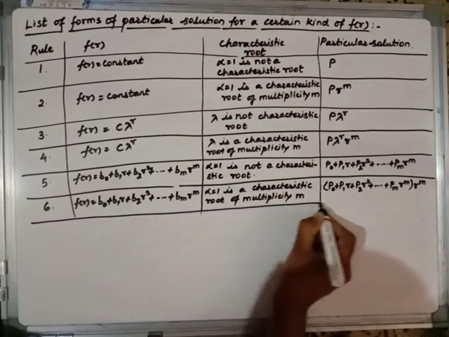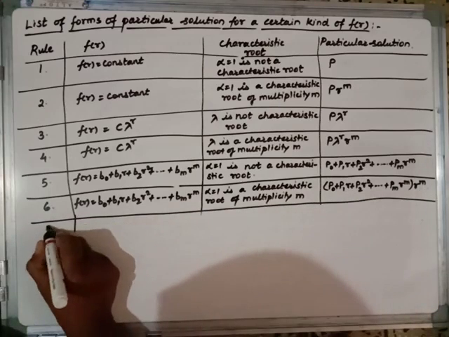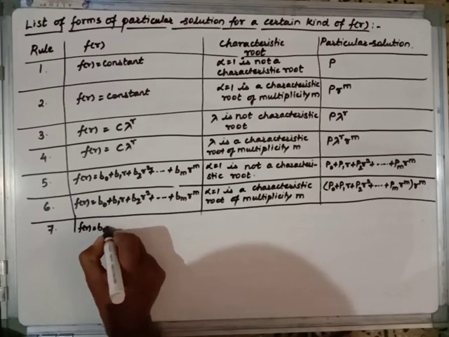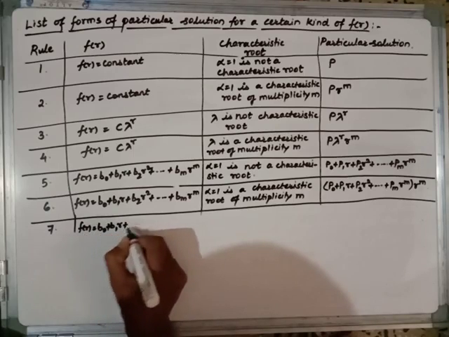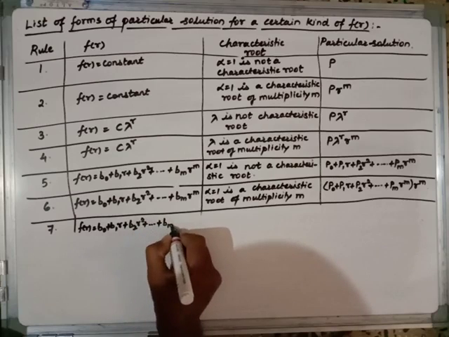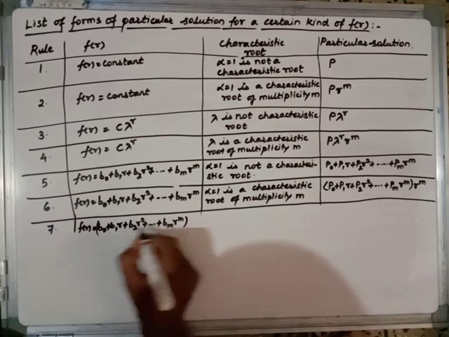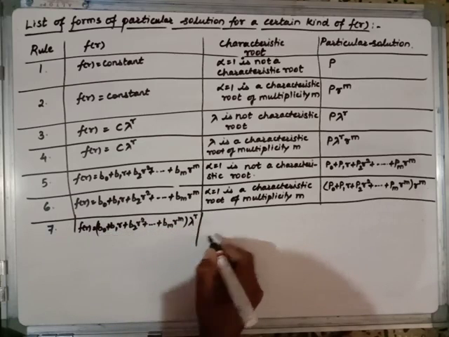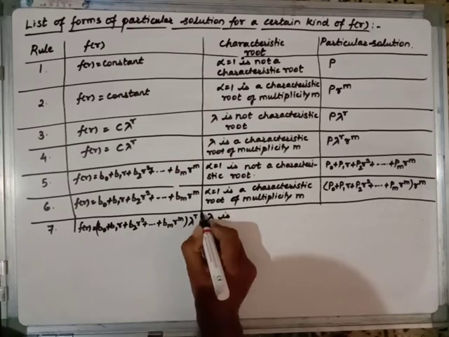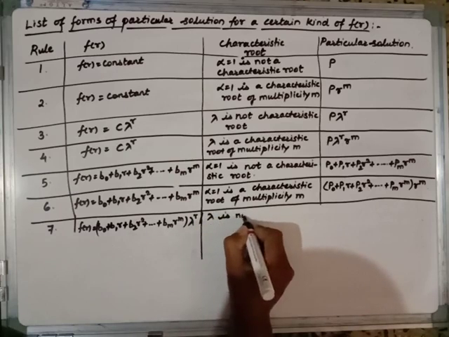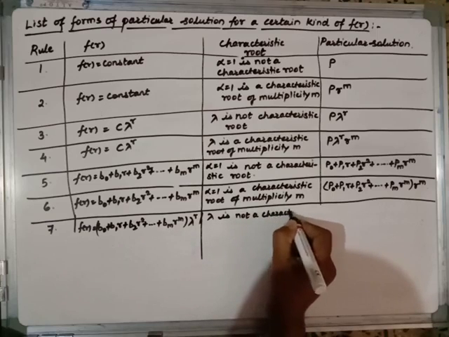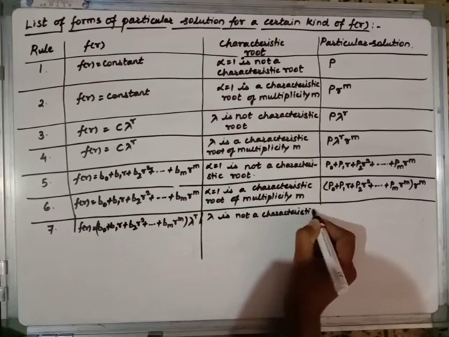Then the next one, suppose f of r is b0 plus b1r plus b2r square plus up to bm r raised to m, into lambda raised to r, and lambda is not a characteristic root.